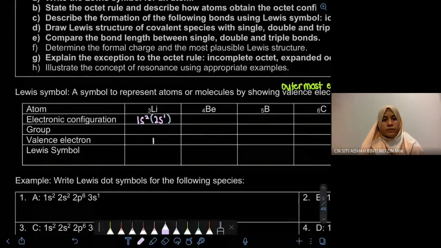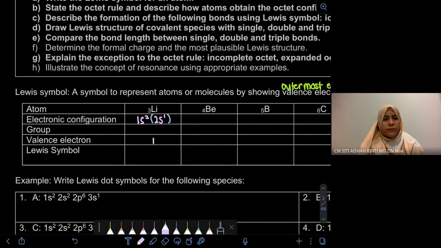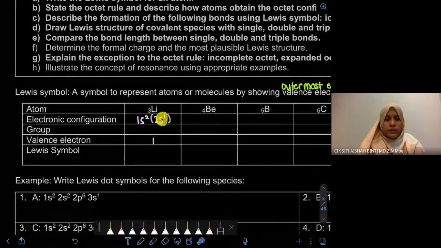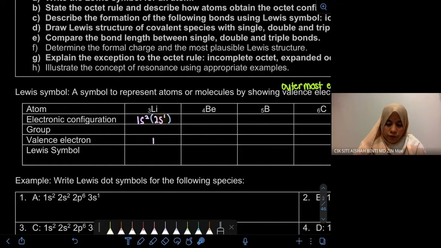Okay, next is actually our group. So for the group ni, it depends on the block. So since this is s block, kan? So kita ambil terus elektron pada s orbital for our valence electron tu lah. So kita tengok kat sini, pada 2s tu ada 1 sahaja. So it's actually group 1.